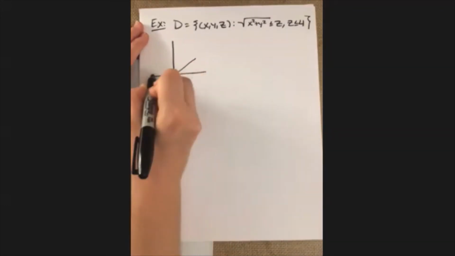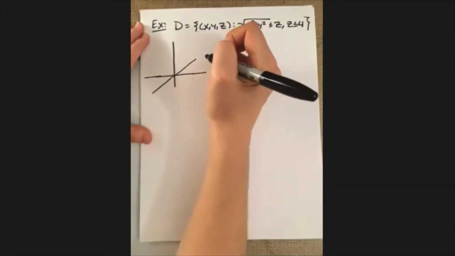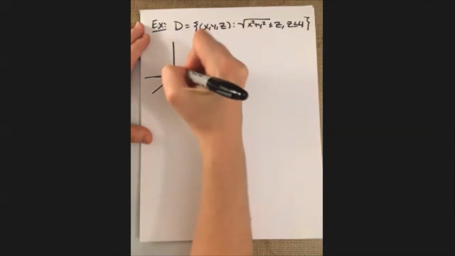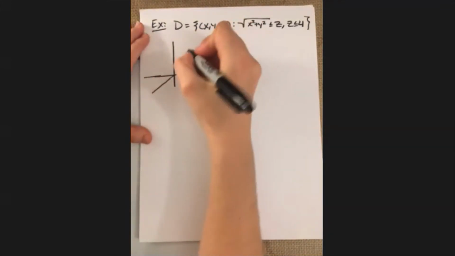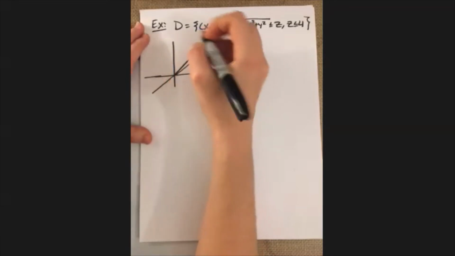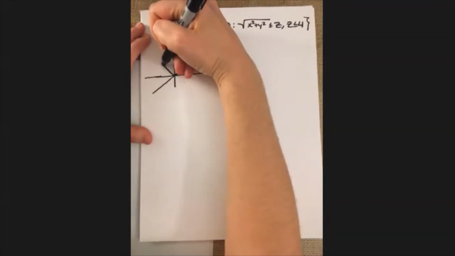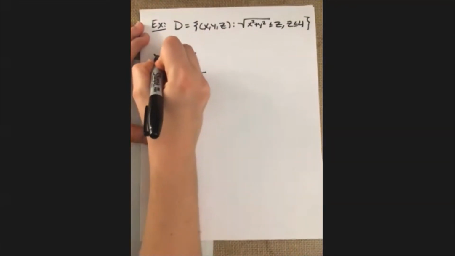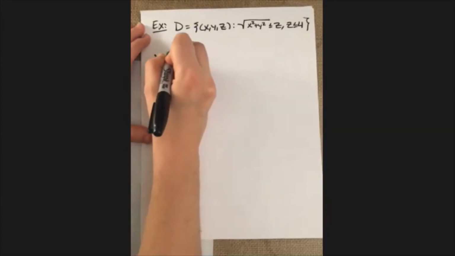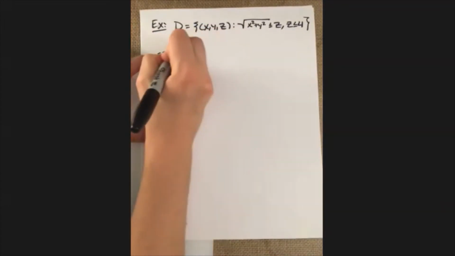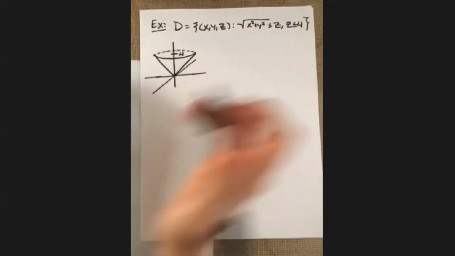So we're looking at something kind of like this, where the height of this cone is at 4. Okay.